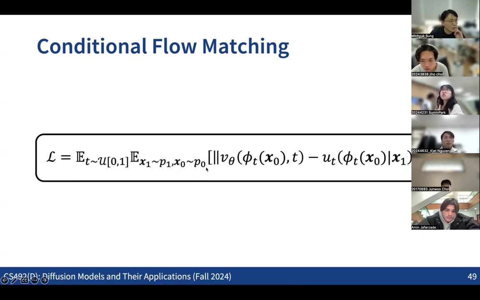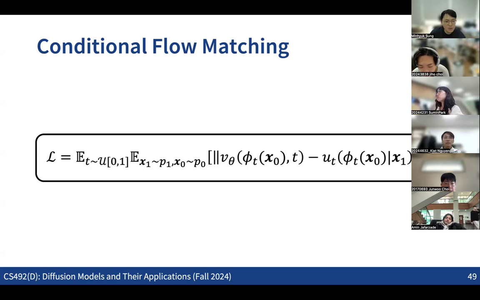Based on that, we push forward x0 into the x_t space, and then calculate the conditional vector field conditioned on x1. And this becomes our final loss function to train the flow matching model. You can see that one difference from the diffusion model is that in the diffusion model, we only care about the data points. So from the data points, we do a forward jump and basically minimize the noise, right?